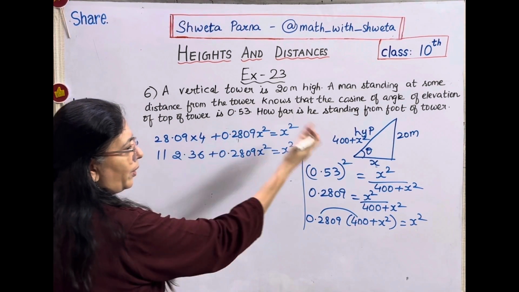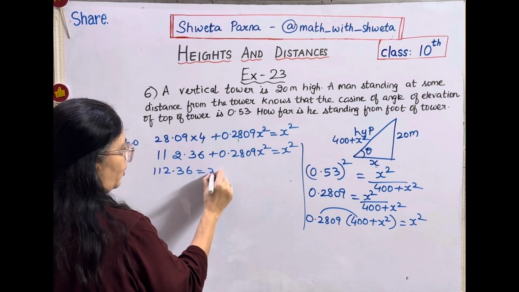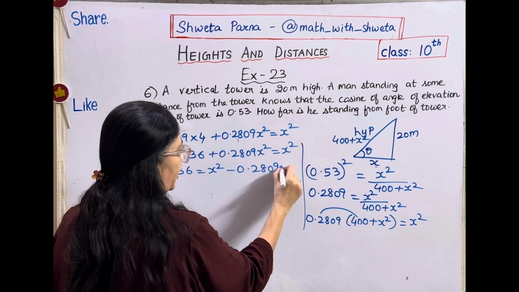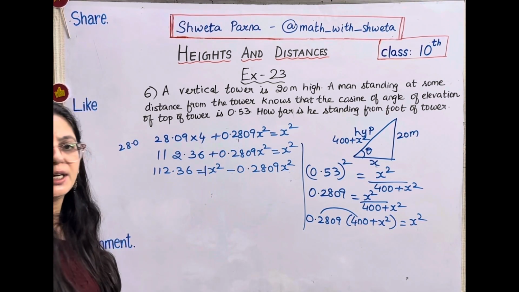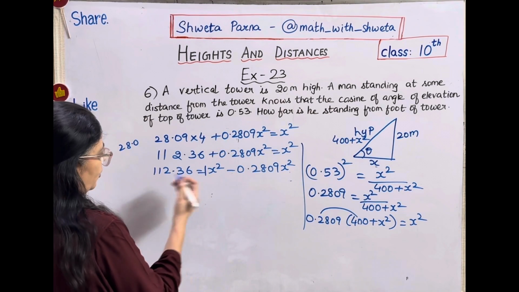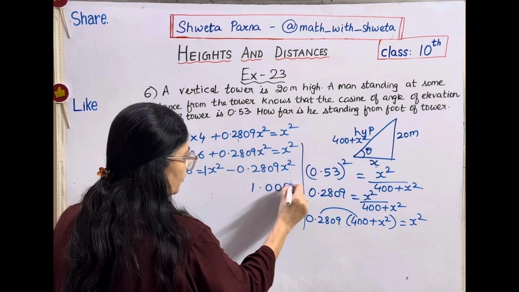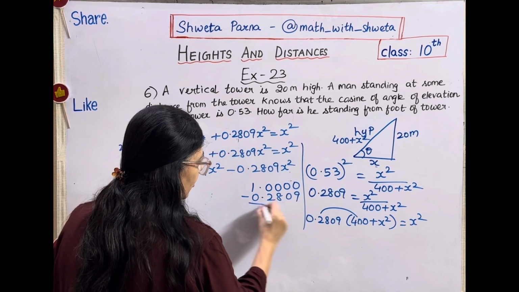Now take this x square to the other side. 112.36 is equal to x square minus 0.2809 x square. Here there is no number, so by default it means 1. So just subtract it. 1.0000 minus 0.2809. What you will get?